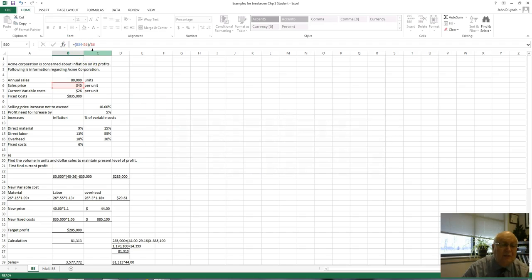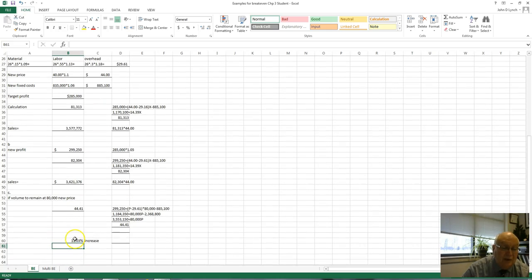Got my other parenthesis there to start with. Okay, which gives you 11.03% increase. Okay, so what we did here, we took the 44.41 minus the 40, close parentheses, and divided by 40. And that's how we got that answer.